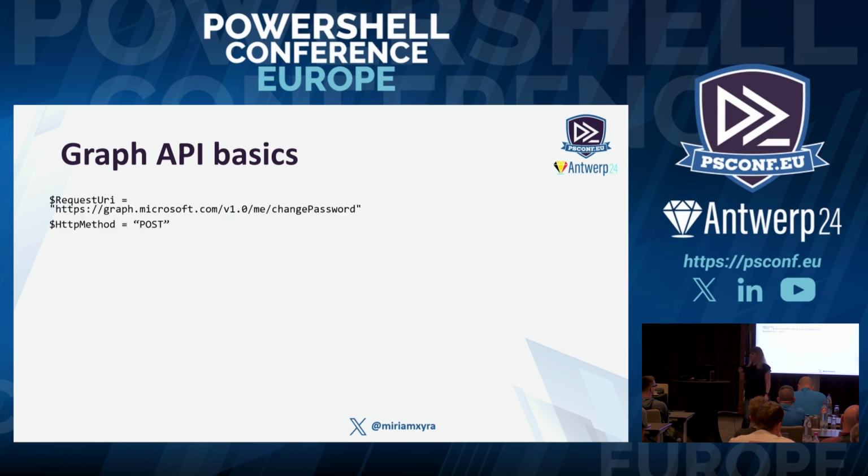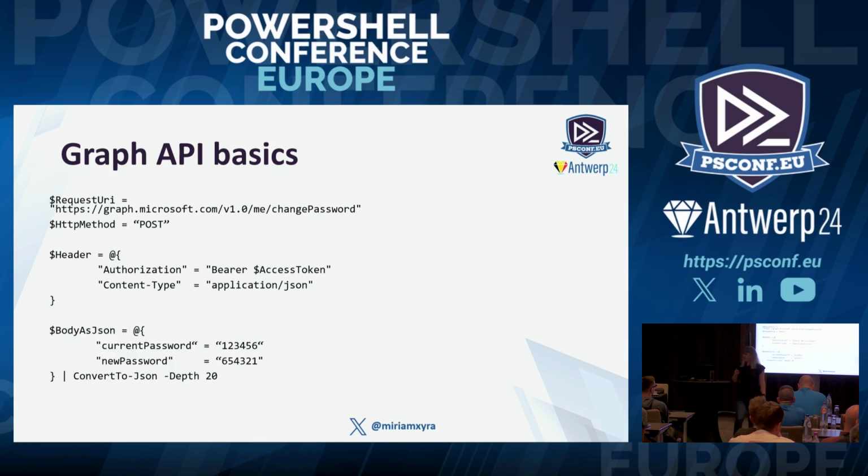As an example, if we want to change our own password, we have the change password URI, and we have the method POST, the HTTP method. In the header, we specify the access token and we say it's JSON. In the body, because this endpoint requires additional parameters, we pass the parameters there.